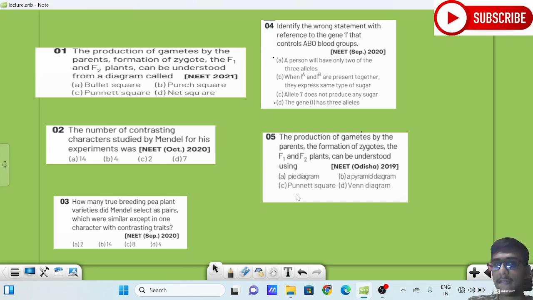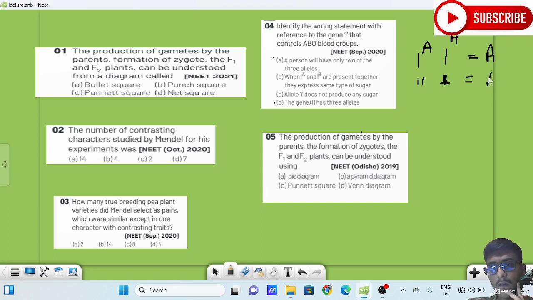I have already discussed this earlier, but I will say it once more. Look, if IA and IA are present, it codes for A blood group. If IA and small i, the recessive form, it codes for A blood group.